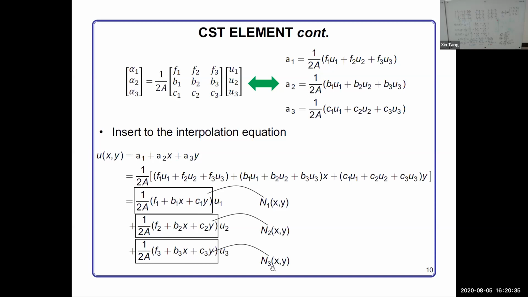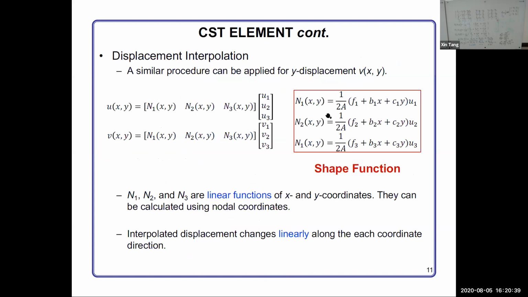These 3 equations are called the shape functions. So I can rewrite it, extracting these 3 out, N1, N2, N3. They are the shape functions. These are important. These are the key things you need to understand. And these shape functions are particular to the CST element.